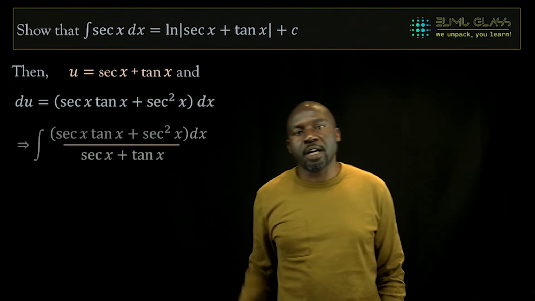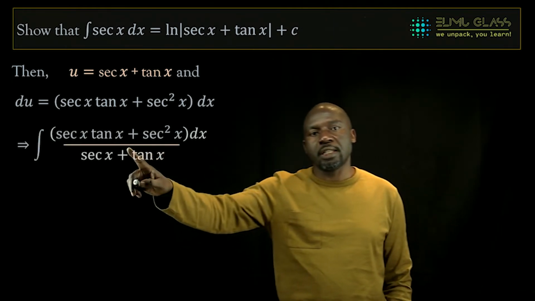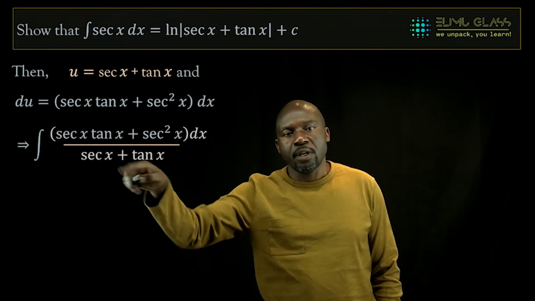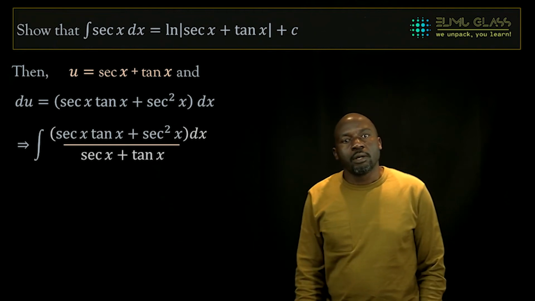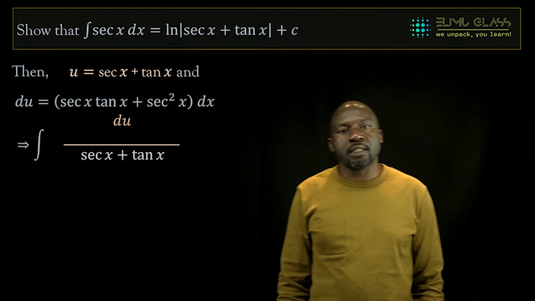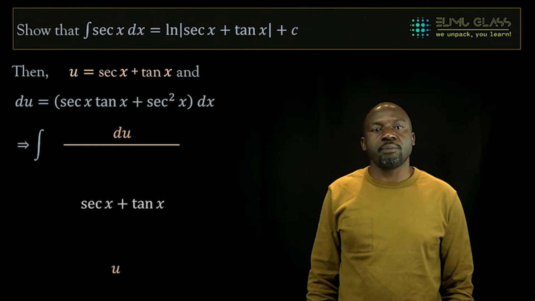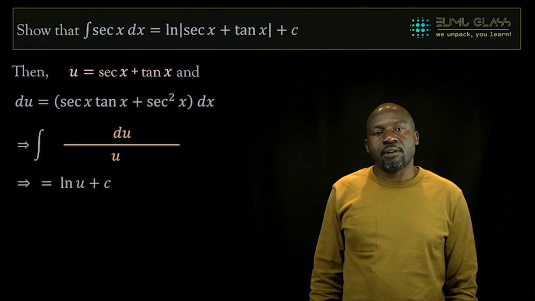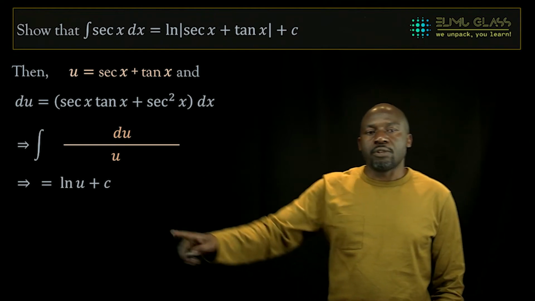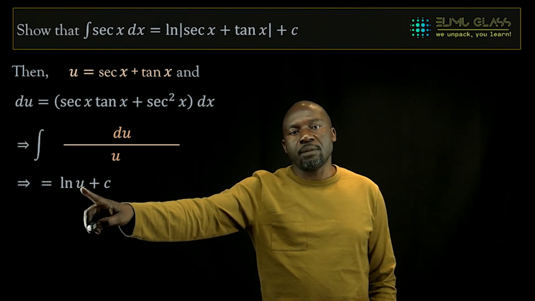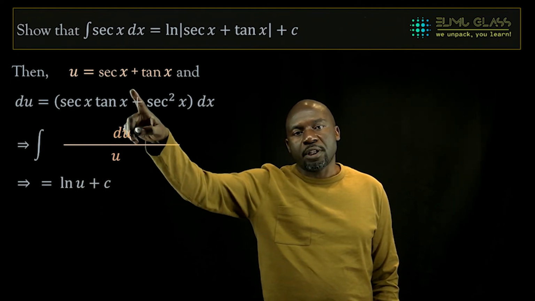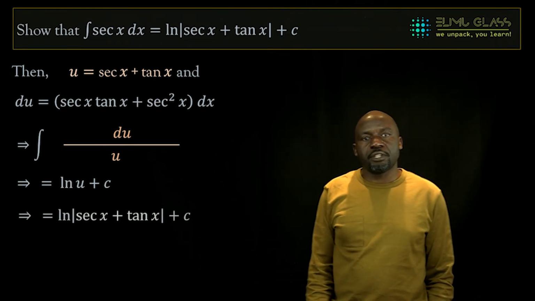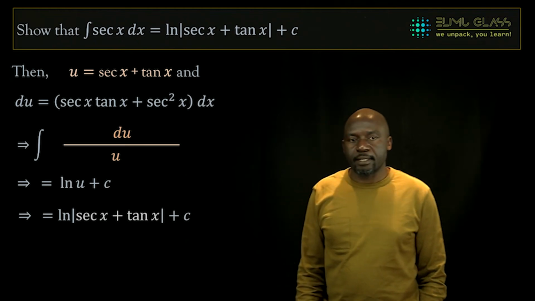If we substitute back into our original expression, clearly the numerator is going to be du and the denominator is going to be u. If we integrate that, we get ln of u plus c. And so now all we have to do is go back and replace this u by what it stood for, which is sec x plus tan x, and we have our integral for sec of x, okay?